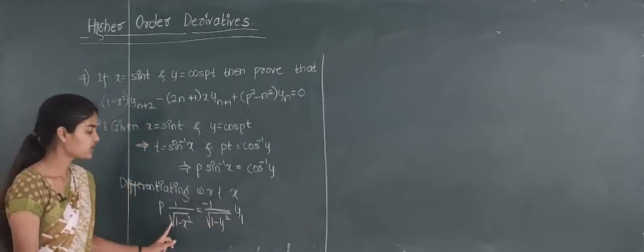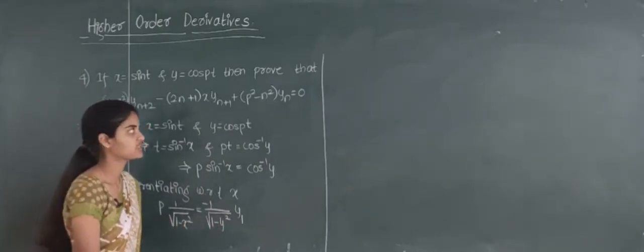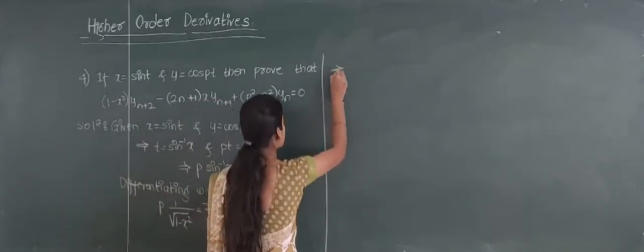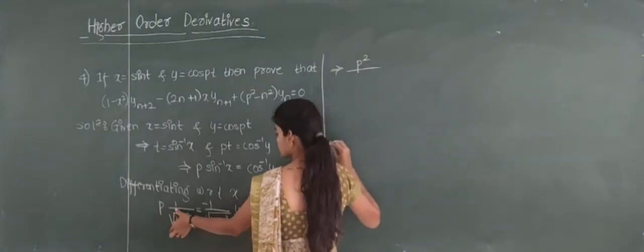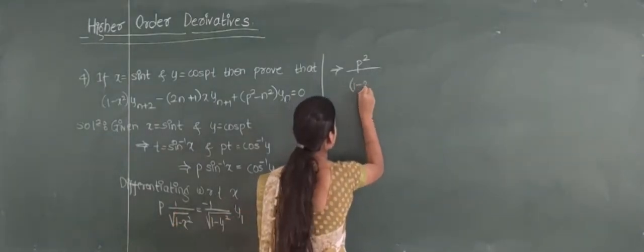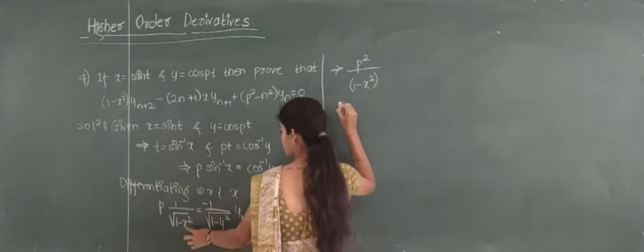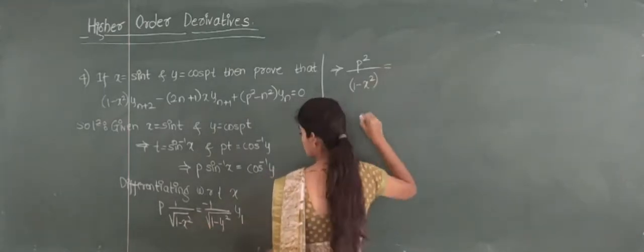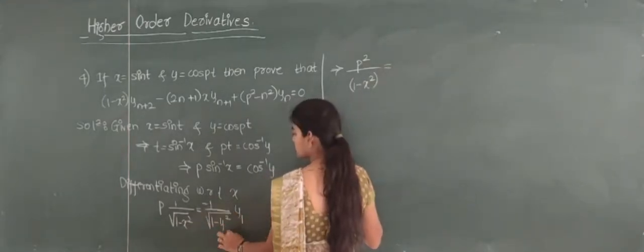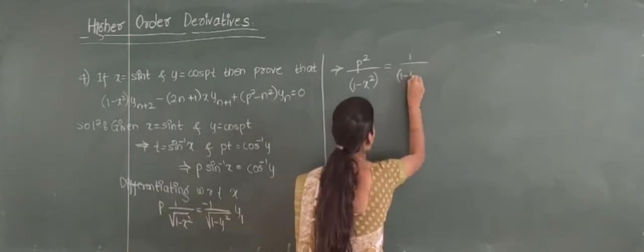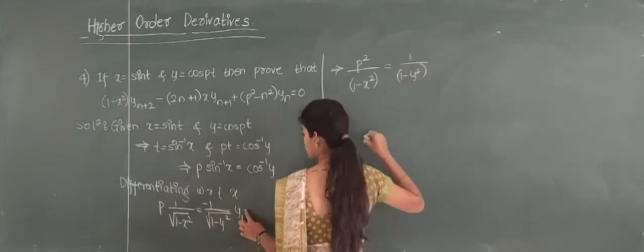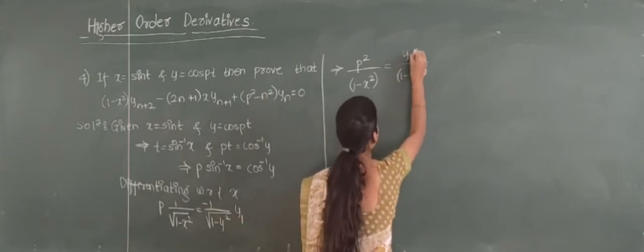Now I will square this equation on both sides. What we get is p square divided by 1 minus x square; the square and square root cancel. Remaining is 1 minus x square is equal to, again this is a minus term, but if you take the square, then we get 1 divided by 1 minus y square, and y1 square, which I will write here.